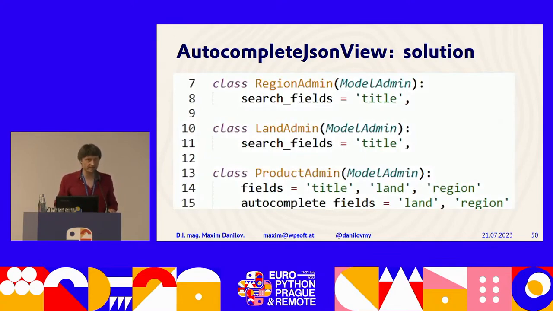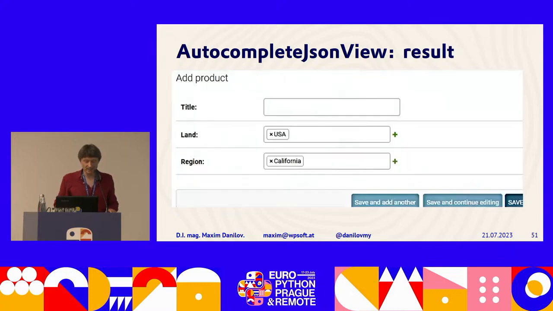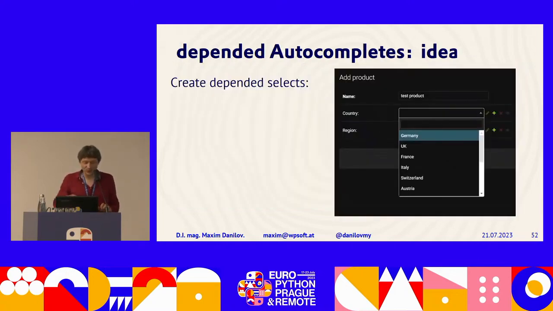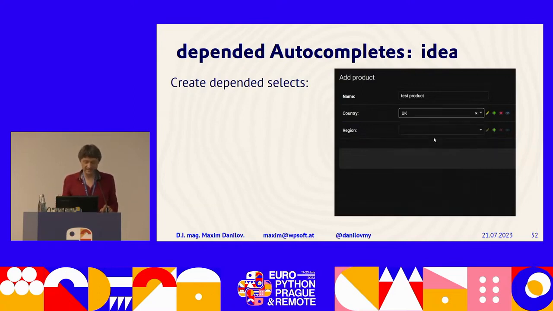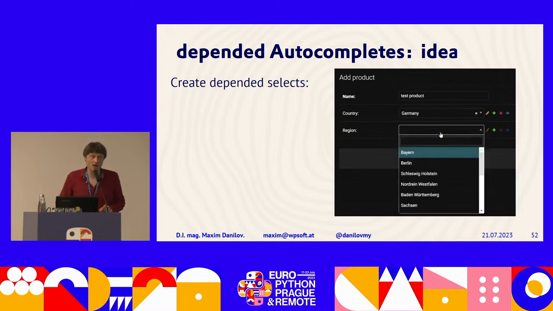It's easy to set up, but sometimes I want to see only regions for the United States of America when I select that country, dependent fields. How can I change it? It's easy. It works like a charm. You can see it, United Kingdom. How does it work? Of course, with autocomplete.